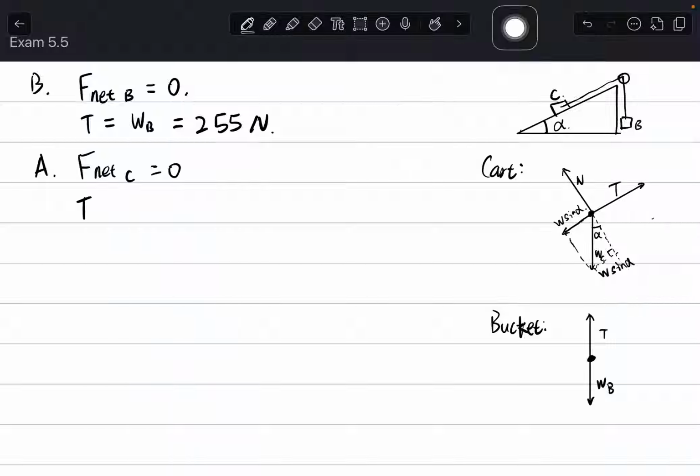So the tension equals the weight of the cart times sine alpha, which is 255 Newtons equals the weight of the cart times sine of 36.9 degrees.